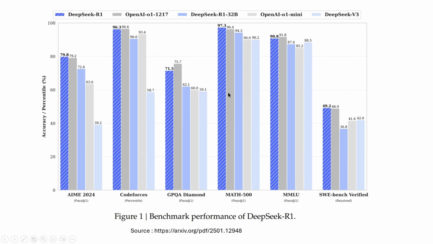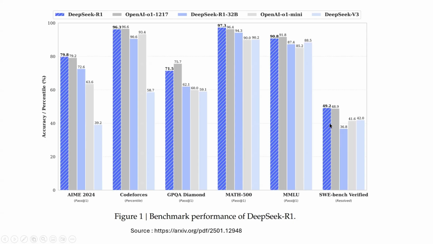In the mathematics competition benchmark, DeepSeek R1 outperforms O1, with DeepSeek R1 at 97.3 and O1 at 96.4. In MMLU, a general language understanding benchmark covering general knowledge and the rest, again O1 outperformed R1, with 91.8 for O1 and 90.8 for DeepSeek R1.